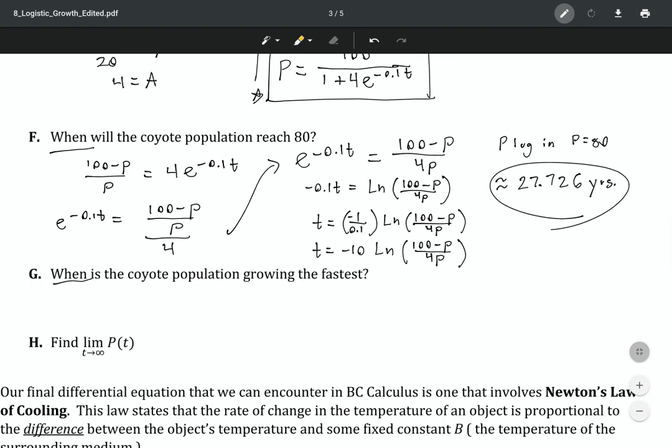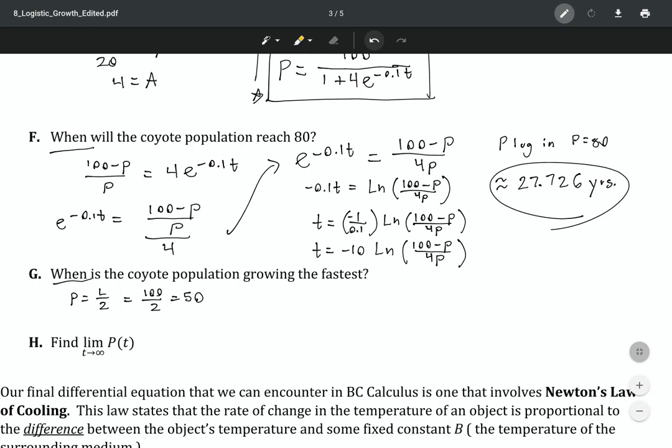Now it says, when is the population growing the fastest? Remember from what we wrote earlier that it's always growing the fastest where it is the carrying capacity divided by 2. In this case, the carrying capacity is 100 over 2, so this is 50. So that's going to be the population when it's growing the fastest. But it's asking when.